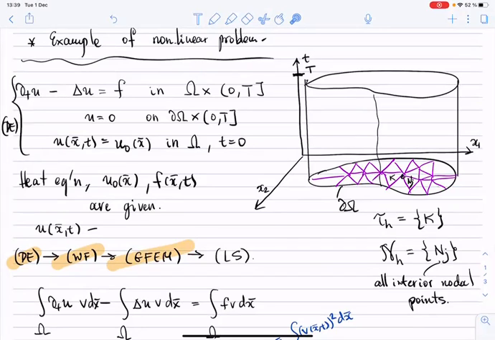So does this mean that our mesh will be constant in time? I didn't understand your question. So in this construction, the mesh is time dependent. What do you mean? The mesh doesn't change in time, but you have a valid question. In some cases the mesh also changes in time, but that's not the case that we are considering here. If the mesh changes in time, then you will not have this kind of cylinder shape.